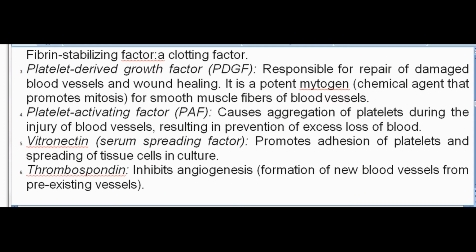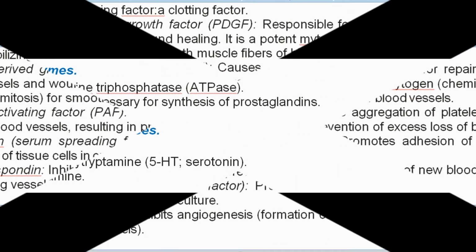Platelet activating factor, PAF, causes aggregation of platelets during the injury of blood vessels, resulting in prevention of excess loss of blood. Vitronectin, serum spreading factor, promotes adhesion of platelets and spreading of tissue cells in culture. Thrombospondin inhibits angiogenesis, formation of new blood vessels from pre-existing vessels.